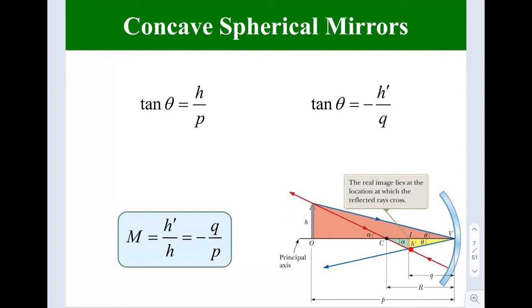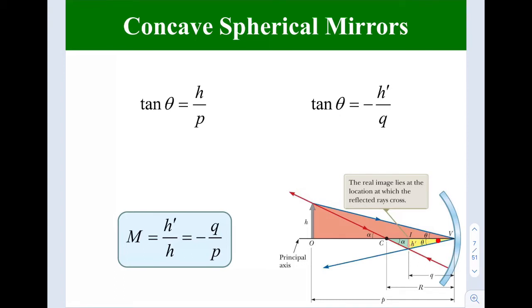If we see here, the image is inverted, upside down. We have h prime as its height. From here there are certain things that we can observe, where this alpha is the same as this alpha, and this theta is the same as this theta. So from this we have tangent theta equal to h over p for the orange triangle here.